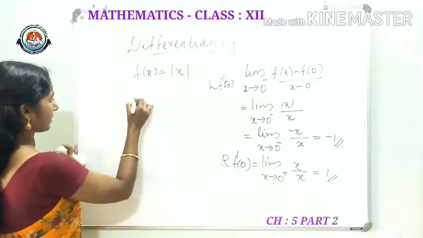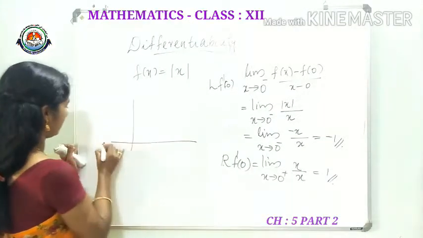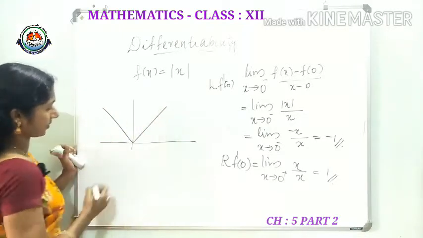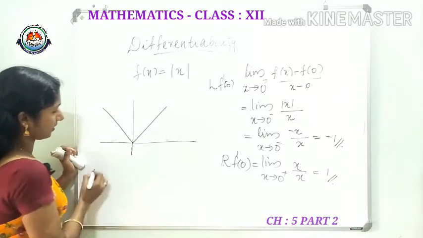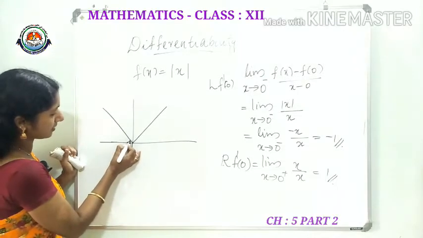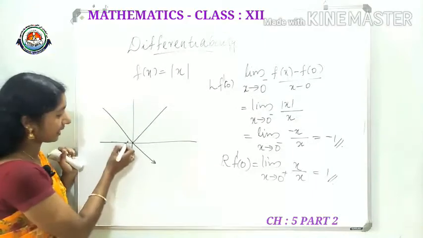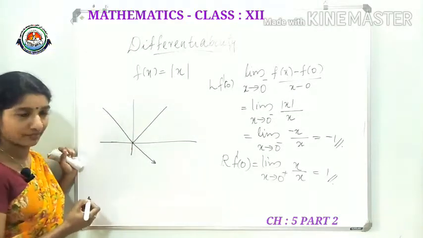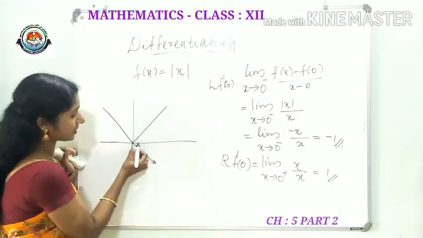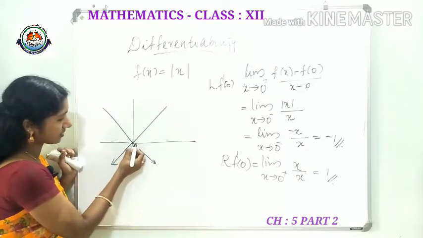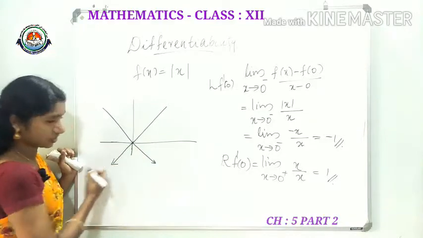Then what is the geometrical meaning of this one? The graph of mod x is this one at 0. When x tends to 0 minus, this is the tangent of this line. 0's left side tangent is y equal to minus x. And 0's right side, means right limit, we are getting it as this one. On 0's right side, this is the tangent.